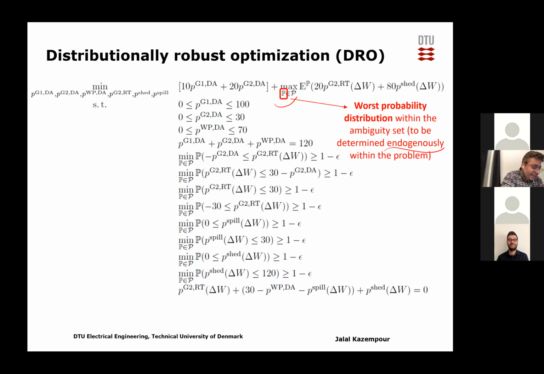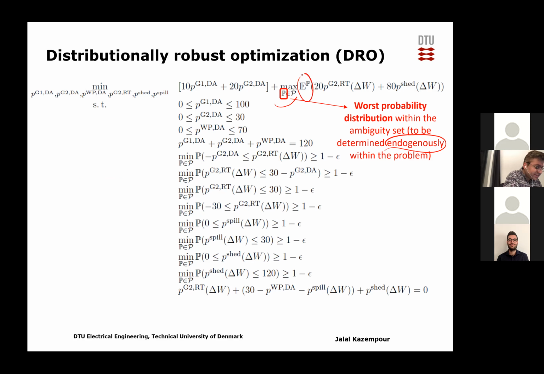But we are selecting that distribution endogenously. It means that while we are solving the problem, we also find the worst distribution. But now we picked the worst distribution. Now what should we do? Do we have to solve again for the worst case realization of the distribution? No, it becomes too conservative.